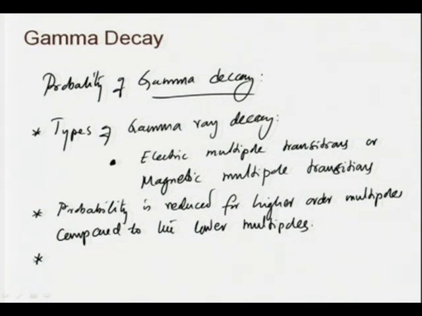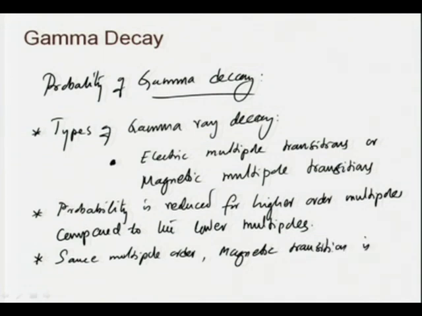When we compare the magnetic and electric of the same multipole order, the magnetic transition is less likely compared to the electric transition.